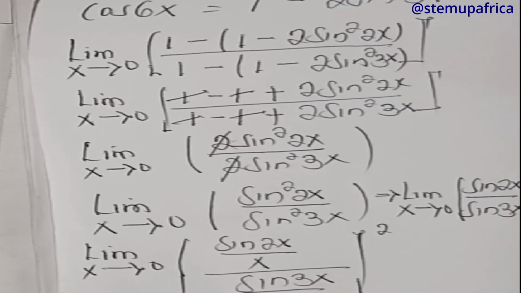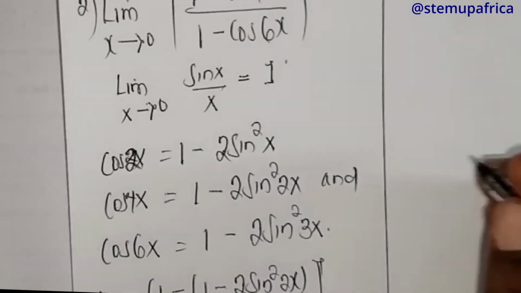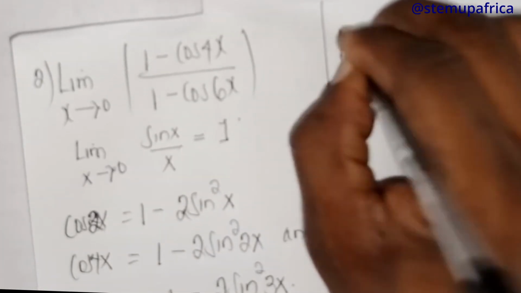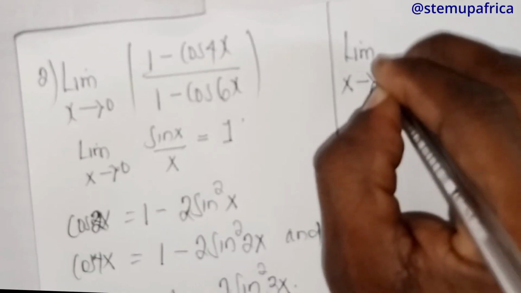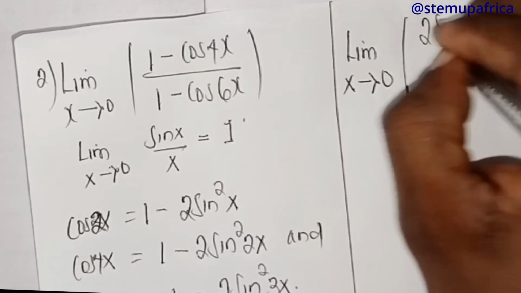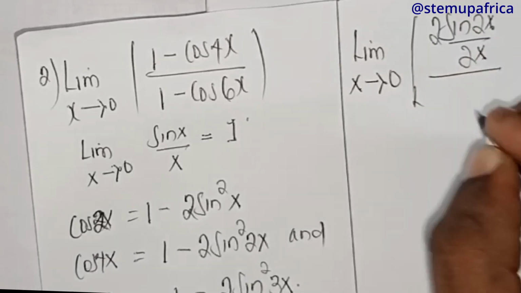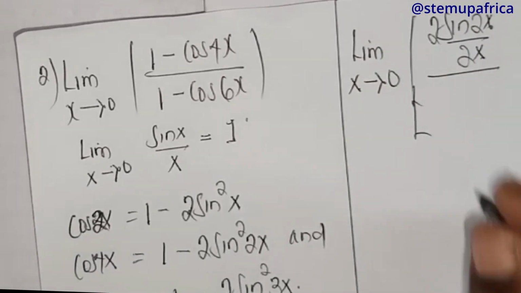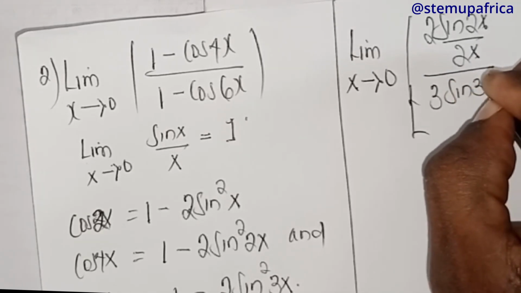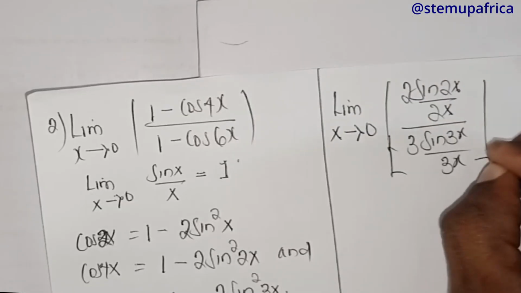So if that should happen, we're going to have lim x tends to 0 of 2 sine 2x over 2x. Then the denominator, I will do the same, 3 sine 3x over 3x, bracket close, squared.